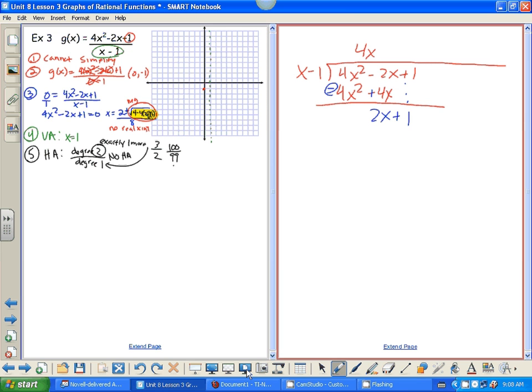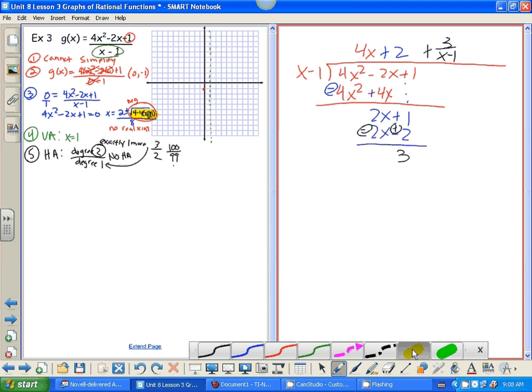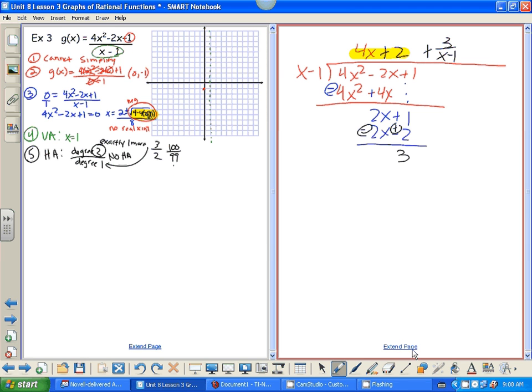Bring down the 1. 2 times x gives me 2x minus 2. Make sure you change your signs. So I have a remainder of 3 over x minus 1. But 4x minus 2 is going to be my equation of my slant asymptote.